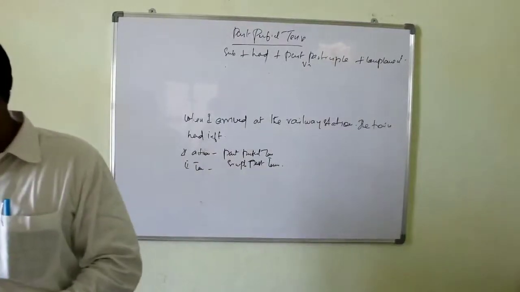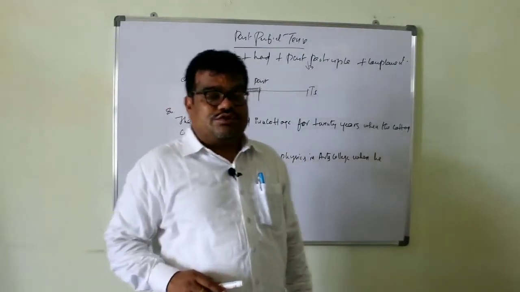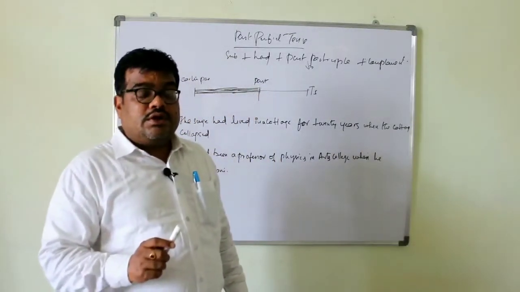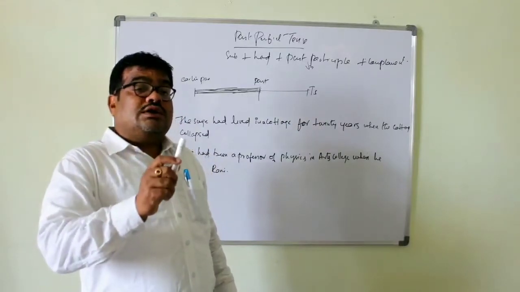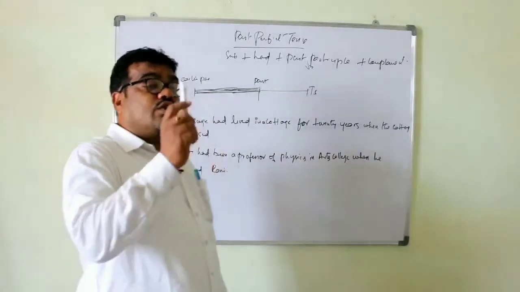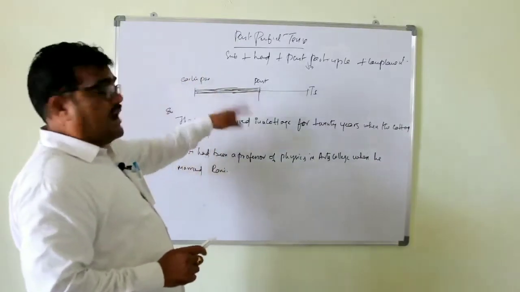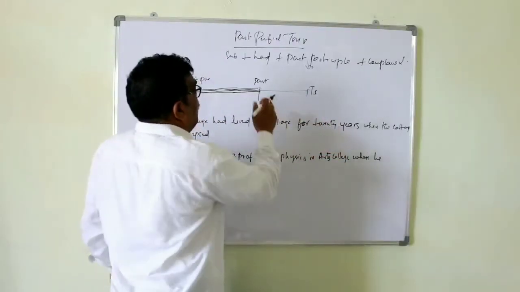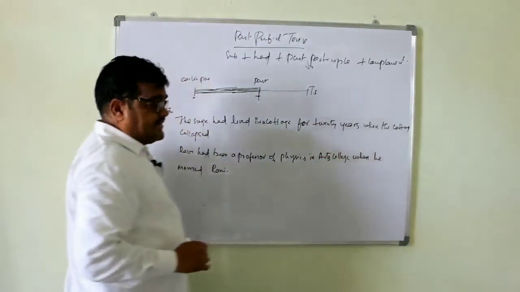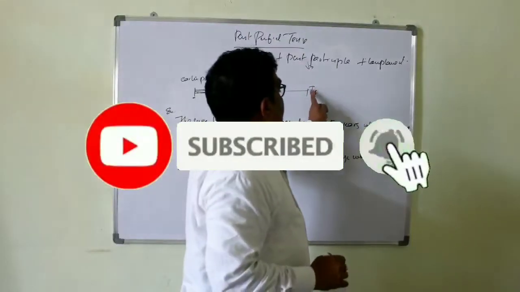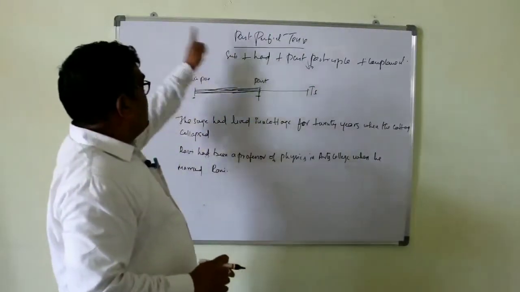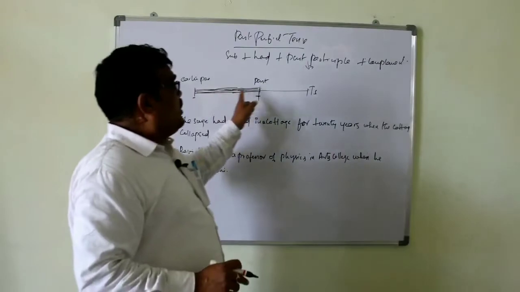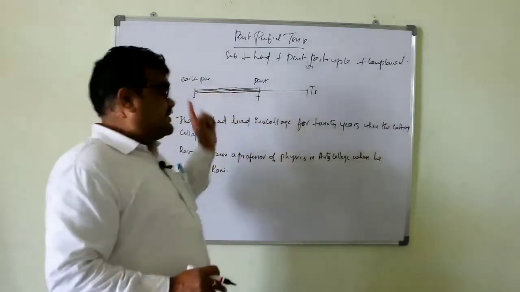Now, the past perfect is used to talk about an action which started sometime in the earlier past and was still continuing up to that past.